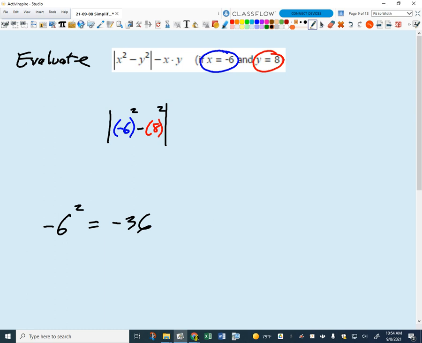So how would we have to rewrite this to get the correct answer? If I want to square a negative number on my calculator, what would I have to do? I have to put it in parentheses. And I guarantee if you do that on your calculators, it's going to tell you 36. Okay? So there is a little shortcut here that I would recommend.